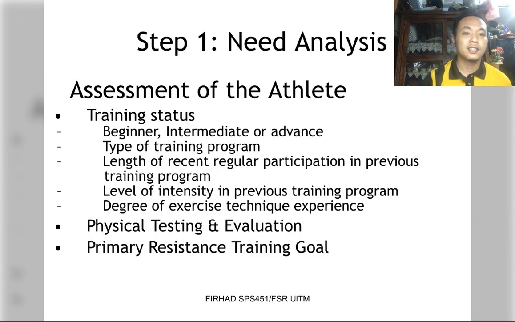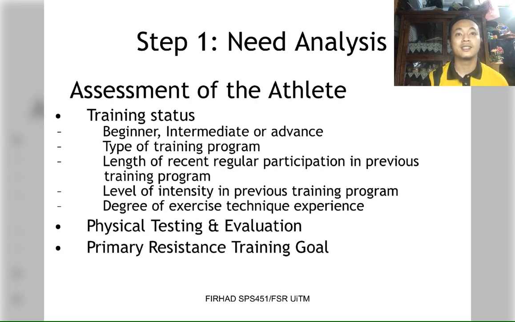Next point is assessment of the athlete. First point there is your athlete's training status. Either your athlete is a beginner, intermediate, or advanced athlete. Next is type of training program. Next is length of recent regular participation in previous training program. Second last one is level of intensity in previous training program.